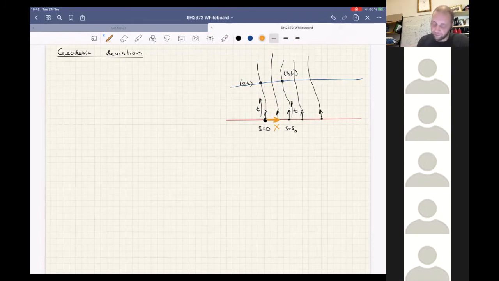It's a small displacement. So this x is essentially going to be the tangent of the curve in the original simultaneity.